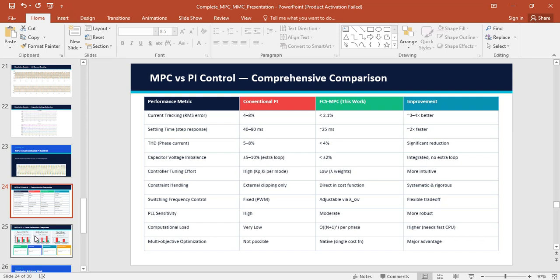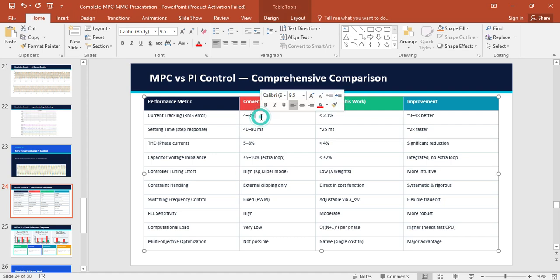So there's a comprehensive comparison between the MPC and the PI control. The current tracking comparison: there is 4 to 8%, but with the MPC less than 2.1%. So this is 3 to 4 times better.